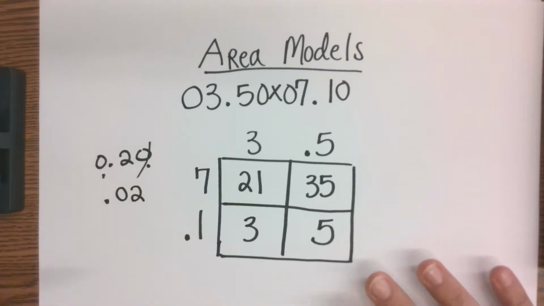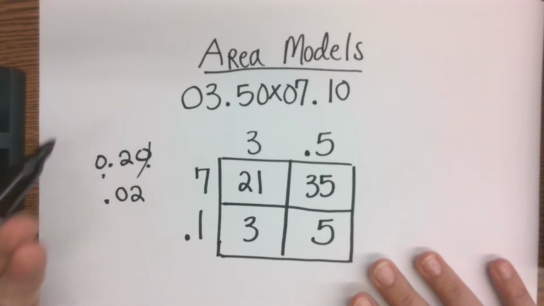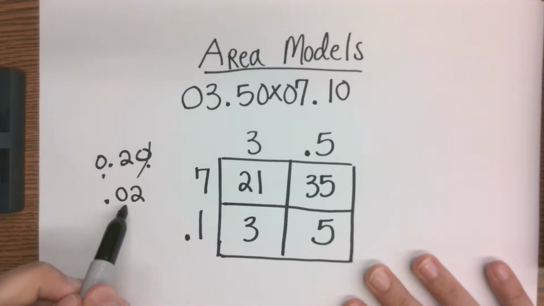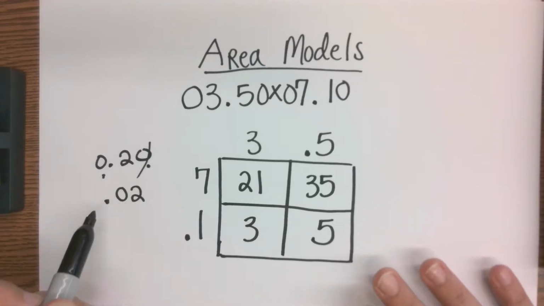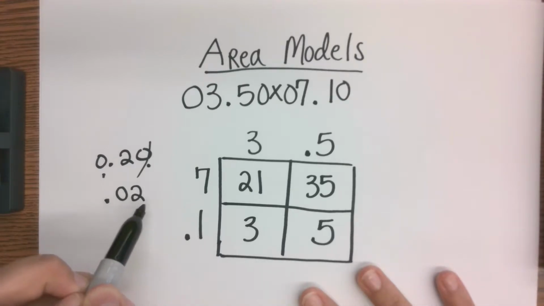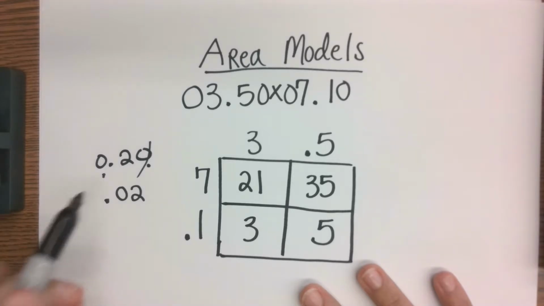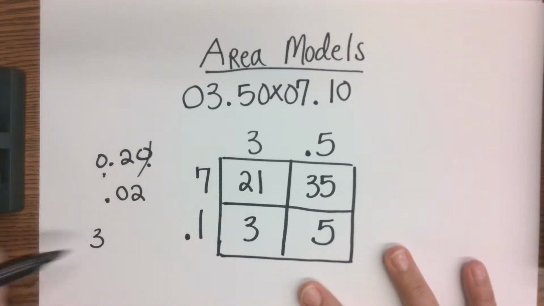This 0, however, does have value. Why do you think that is? This 0 has value because it changes where the 2 sits. These zeros didn't change that. This one does. Same thing with whole numbers.